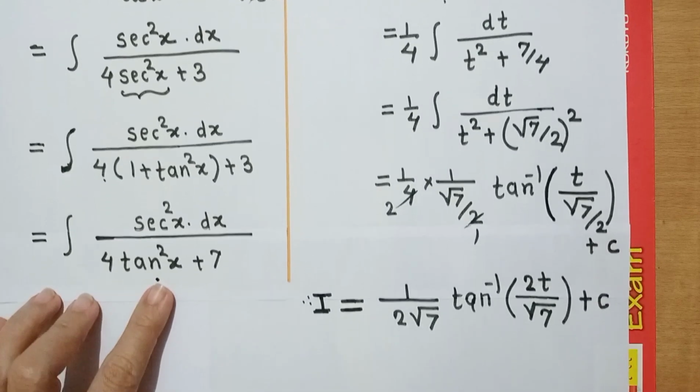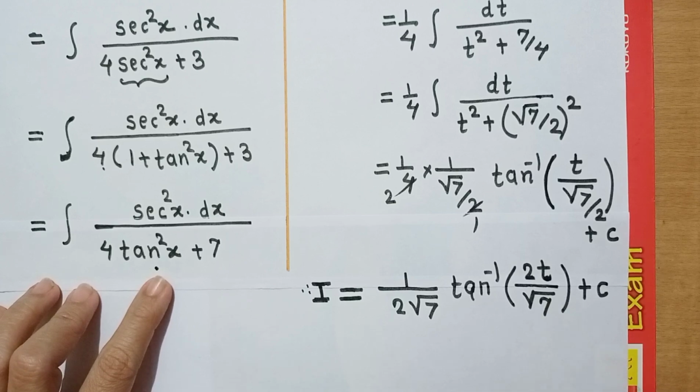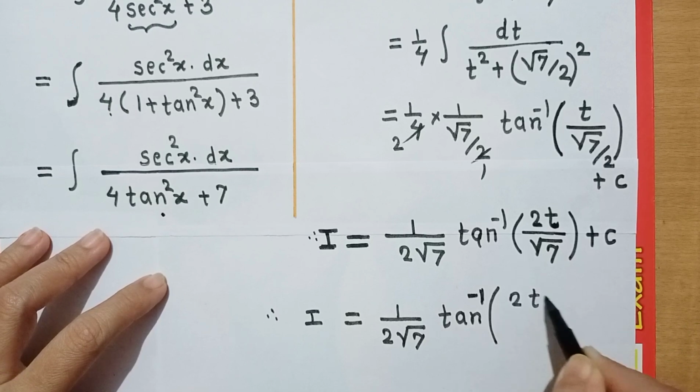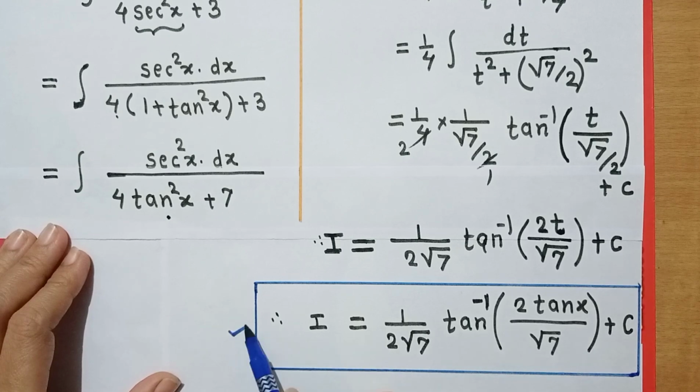But this answer is in terms of t, so again in the last step we will substitute t means tan x, and so here we will write 2 tan x upon root 7 and then plus c. This is our final answer.